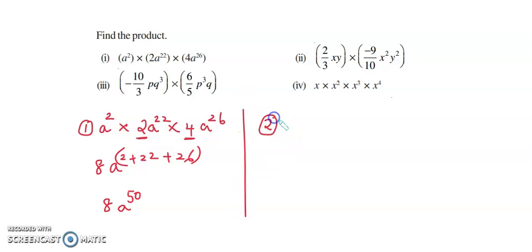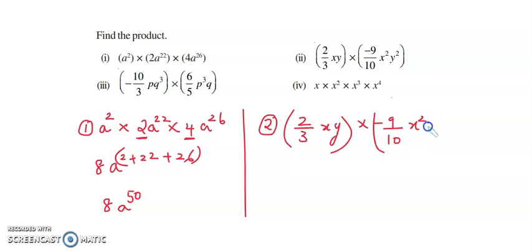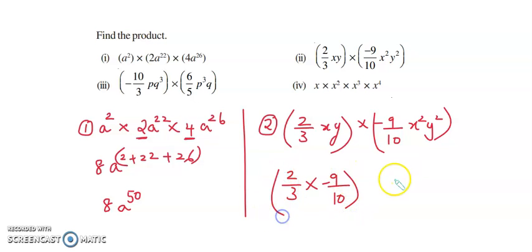Next, you have 2 upon 3 xy multiplied by minus 9 upon 10 x square y square. So it's 2 upon 3 multiplied by minus 9 by 10. Okay, then x into x square, y into y square. This 3 goes off with the 9 and 2 goes off with the 10.